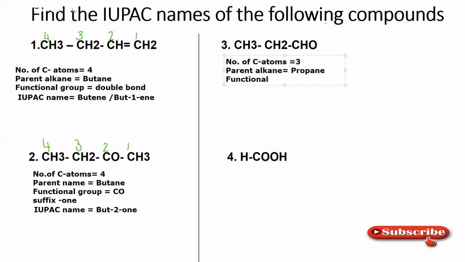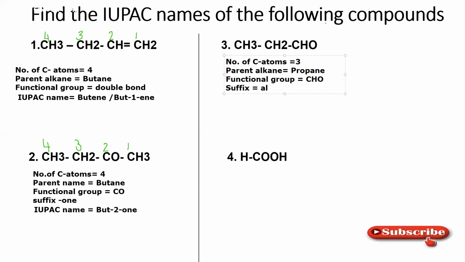Now, which is the functional group that we have to find out? Here the functional group present is CHO. What is CHO? Aldehyde. If CHO is present as the functional group, we have to add a suffix. What is the suffix for CHO? Al should be the suffix for aldehyde.